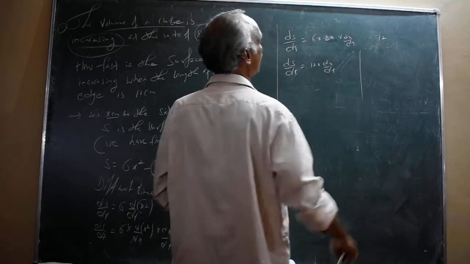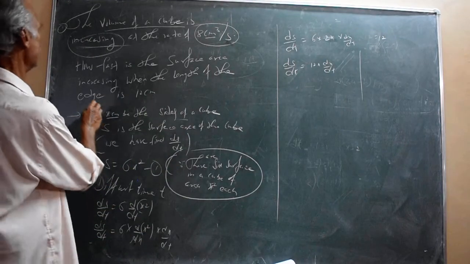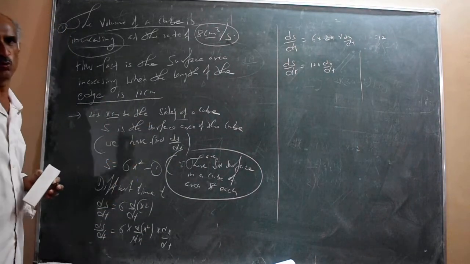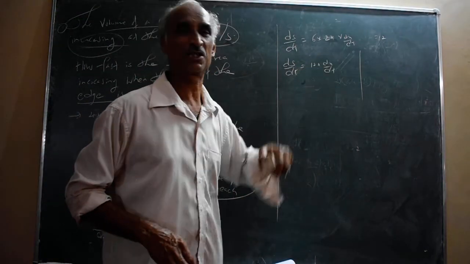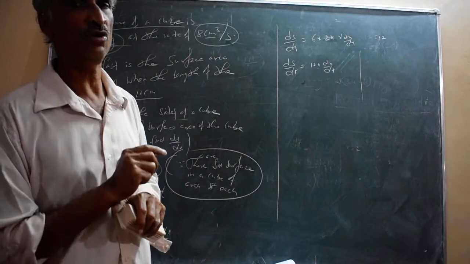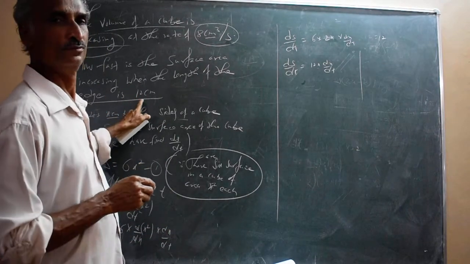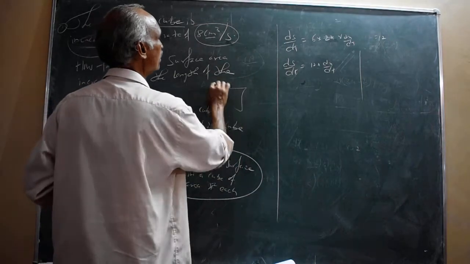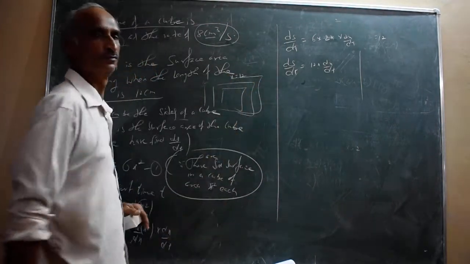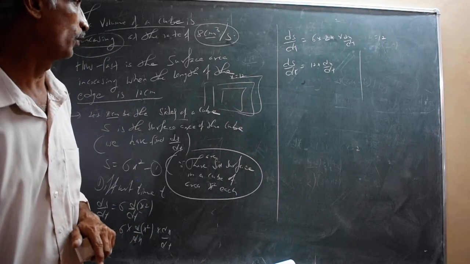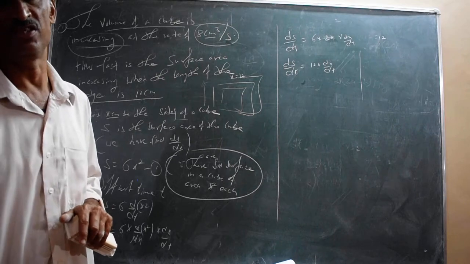Look here, here comes one unknown. When the edge is 12 cm, edge means it is x only. Okay, x is 12 is given. But what about dx by dt? Dx by dt is not 12. Simply edge means the side. Side is 12. The cube is increasing, and when x has become 12, in the next 1 second, how much is the increase in the surface area?